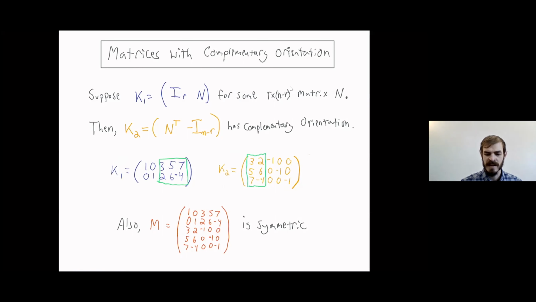I actually used negative K2 in my paper, and that's more common to see in the literature too. In Oxley's matroid book, he talks about how this represents the dual matroid. But the advantage of using K2 as defined here is that M becomes symmetric. I'll talk a little bit about that. But the important thing is that K1 and K2 always have complementary orientation. So we can always construct a tile, and we always get one of these multi-ejections.